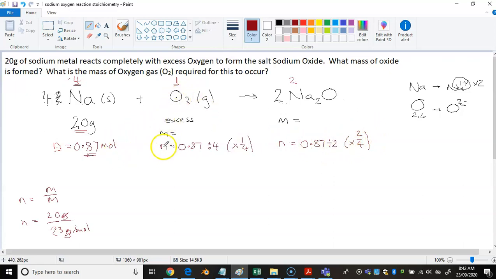All right, so let's go for capital M first. Here is 32 grams per mole. And let's do this one first. And so M equals N times big M. M equals 0.87 divided by 4 equals 0.22.